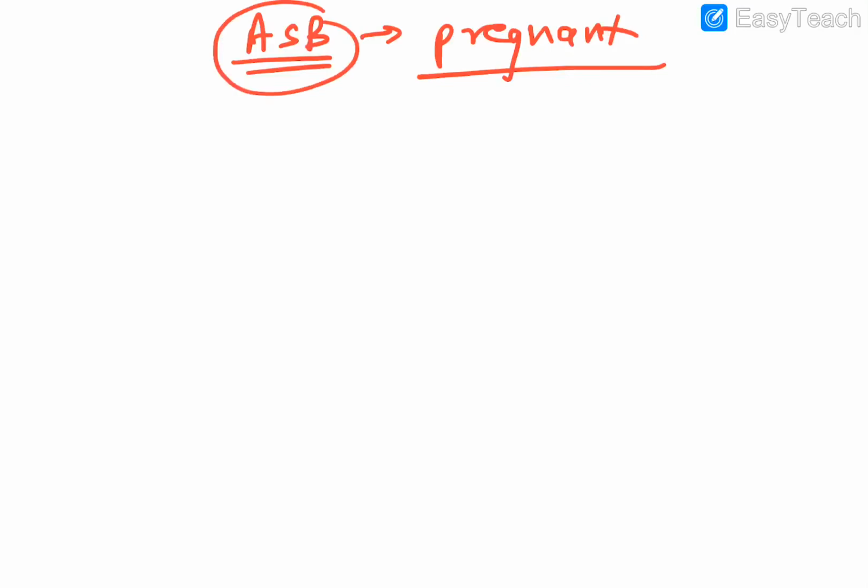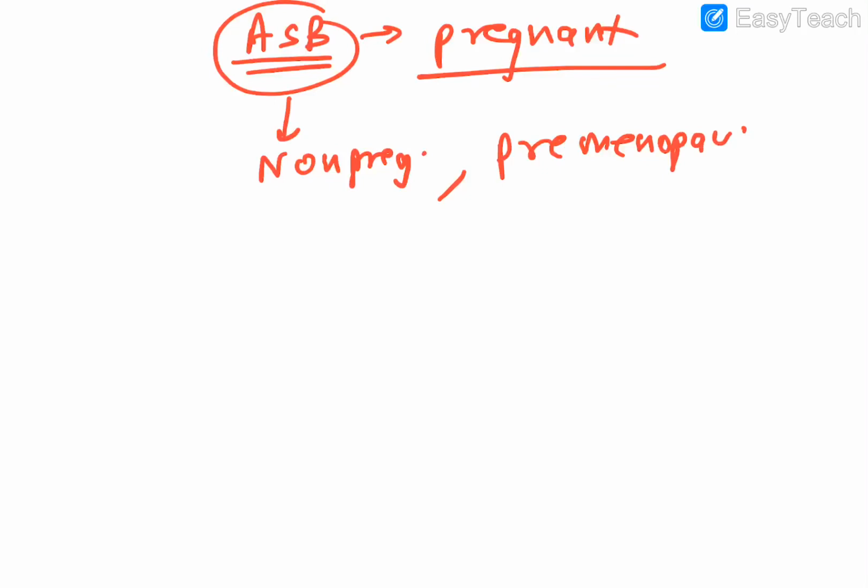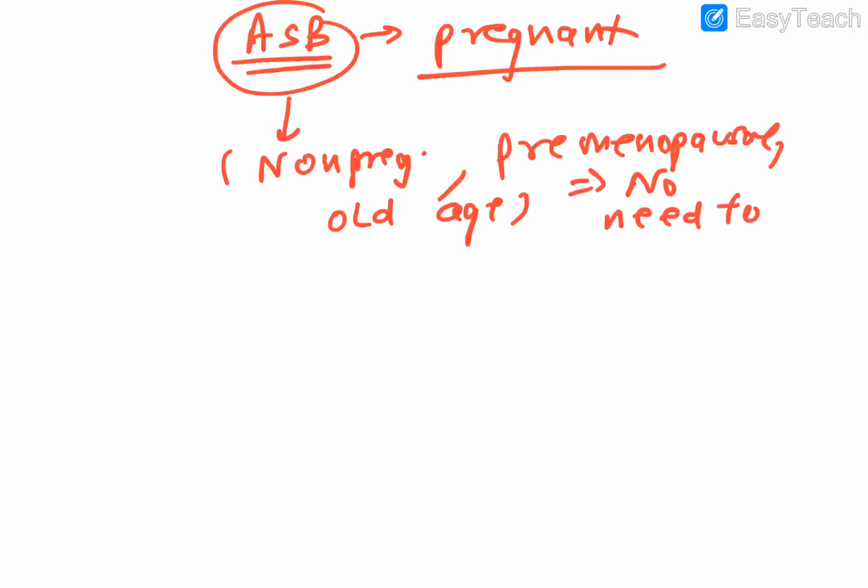But if this ASB happens in a non-pregnant woman, in a premenopausal woman, or in old age, then there is no need to treat. In them, there is no need to treat. So remember this thing also.